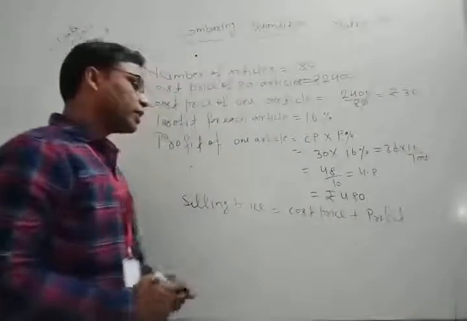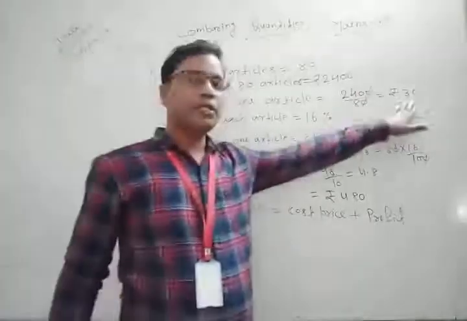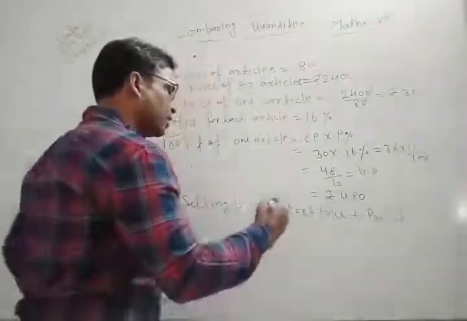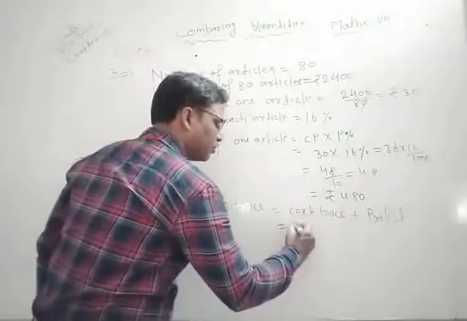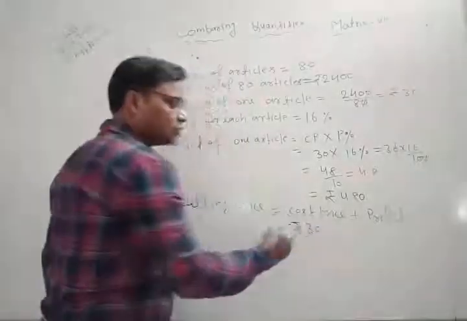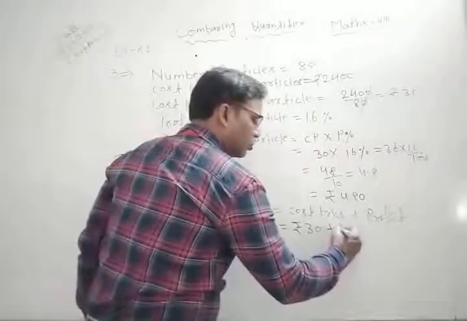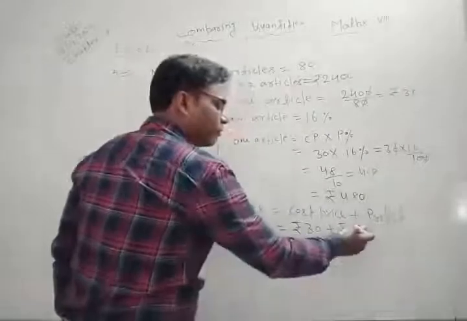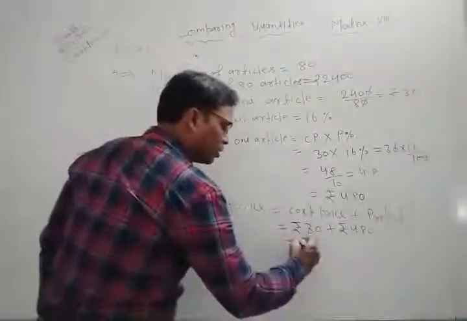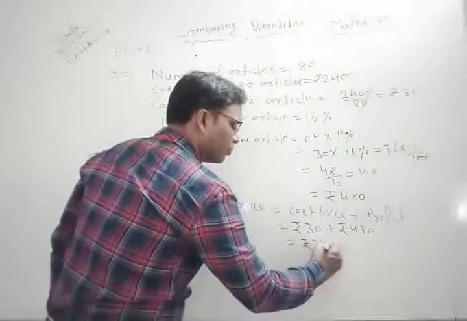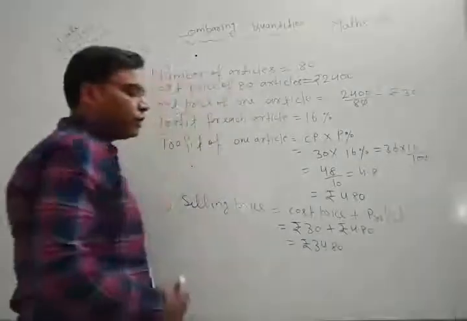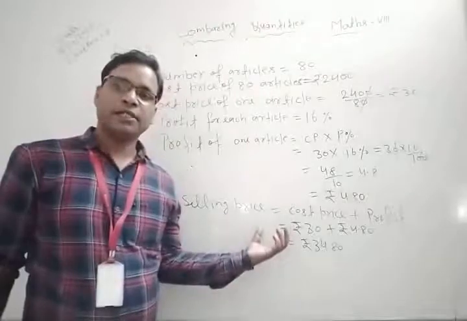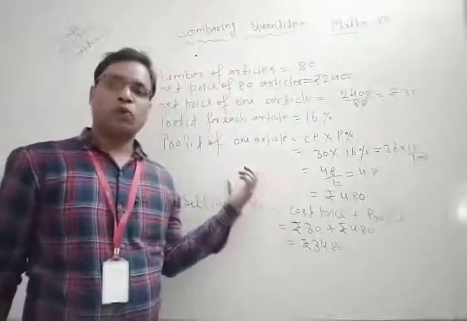Here cost price we found is 30 rupees, and the profit is 4.8 rupees. So this is equal to rupees 30, this is your cost price, plus rupees 4.80, this is your profit. Okay, so selling price is equal to rupees 34.80. So I hope all of you understood the selling price of one article.